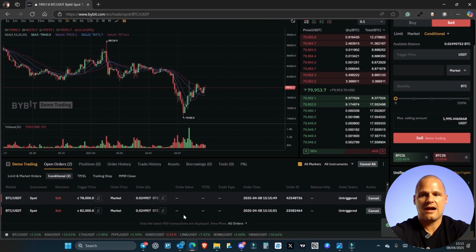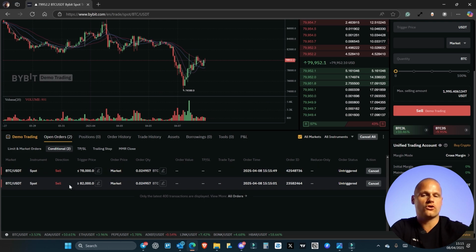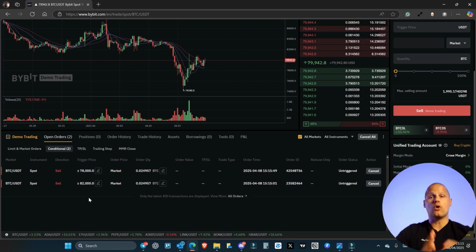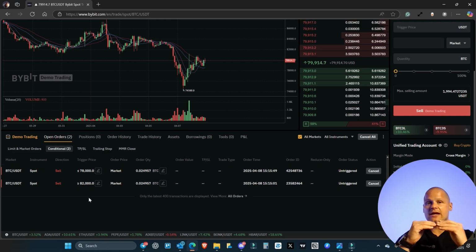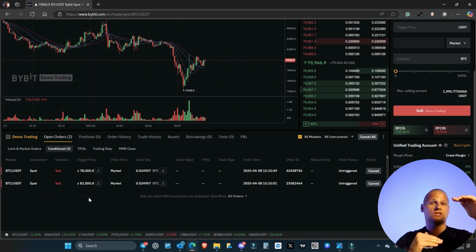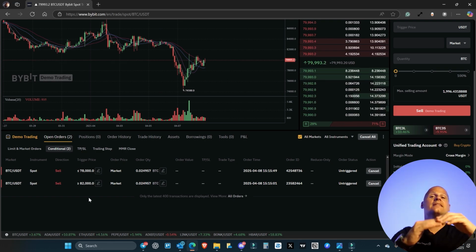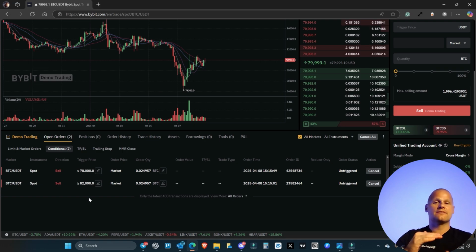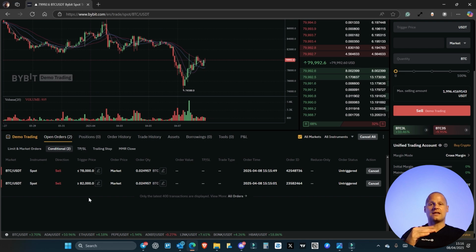And now I've got two conditional orders. Both are actually sell because I own the Bitcoin. If it moves to my target 82,000, I will sell it. And if it moves down to 78,000, I will also sell it at a loss. So this one is a stop loss and this one is a take profit.